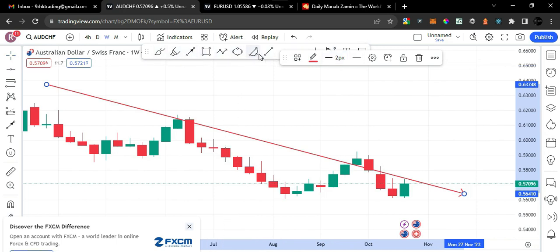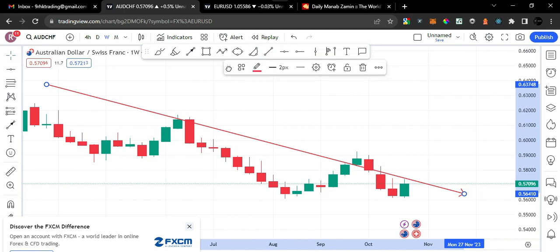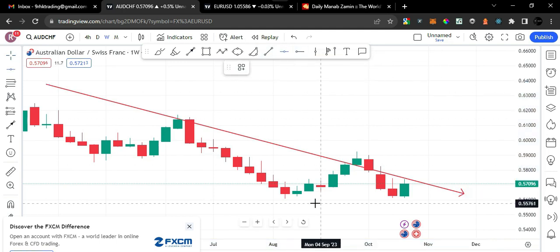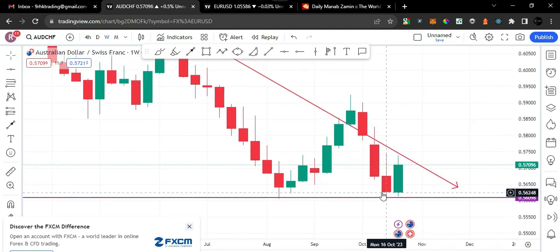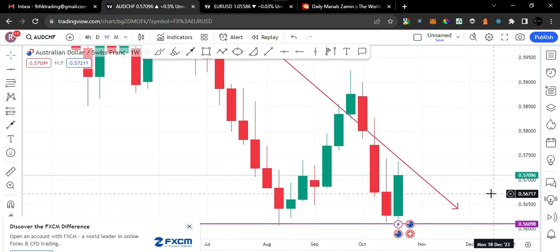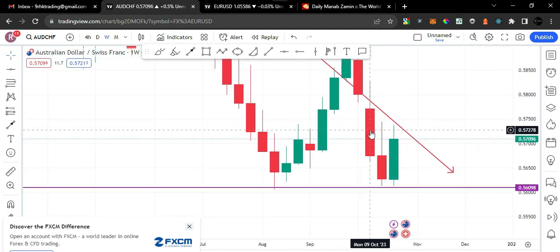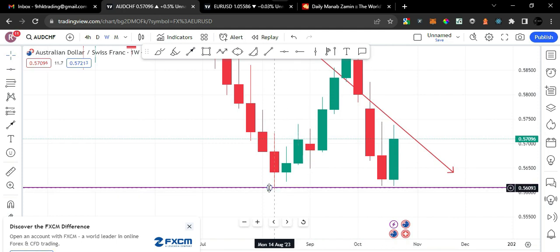If we go here, we can see very clearly what we have already seen in the month. Here the price has not broken, though it appears something like that, but you can see the gaps here. In October it came down, and the price didn't cross the previous low.